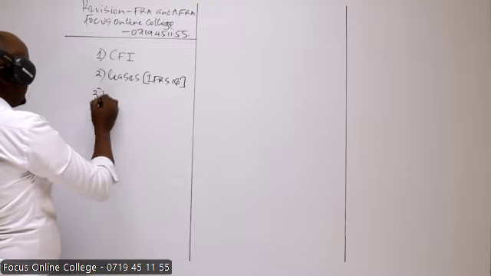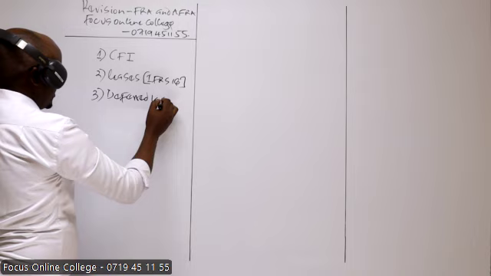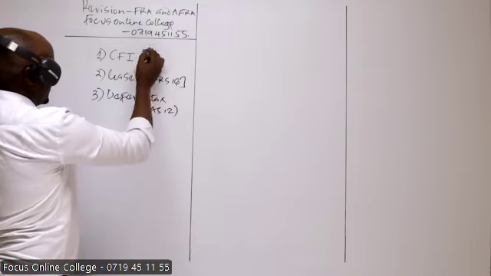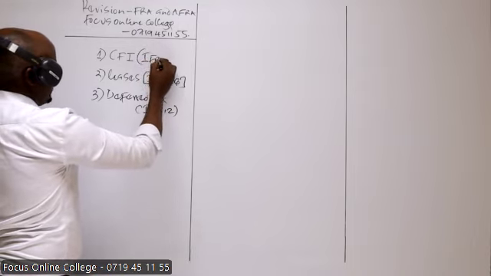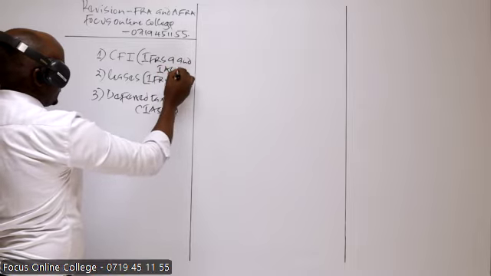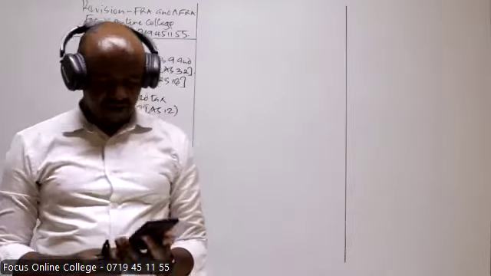And from there, we do a question on deferred tax, which is governed by IAS 12. Remember CFI is governed by IFRS 9 and also International Accounting Standard number 32. So those are the 3 areas I want us to revise today.